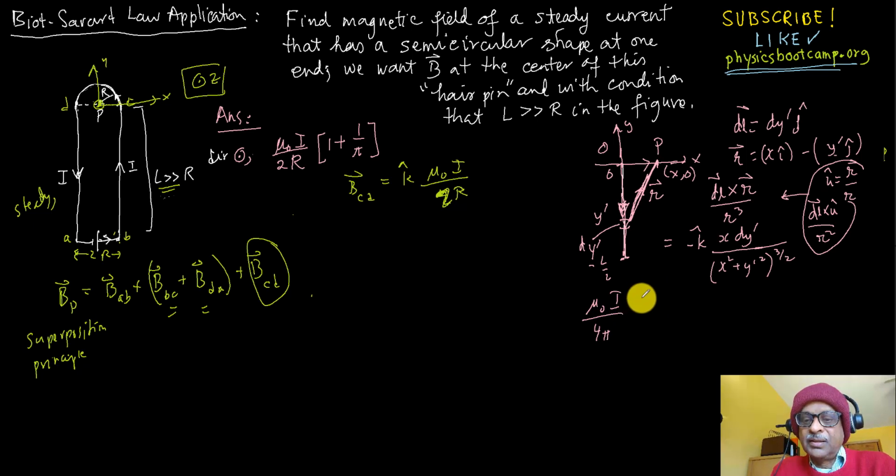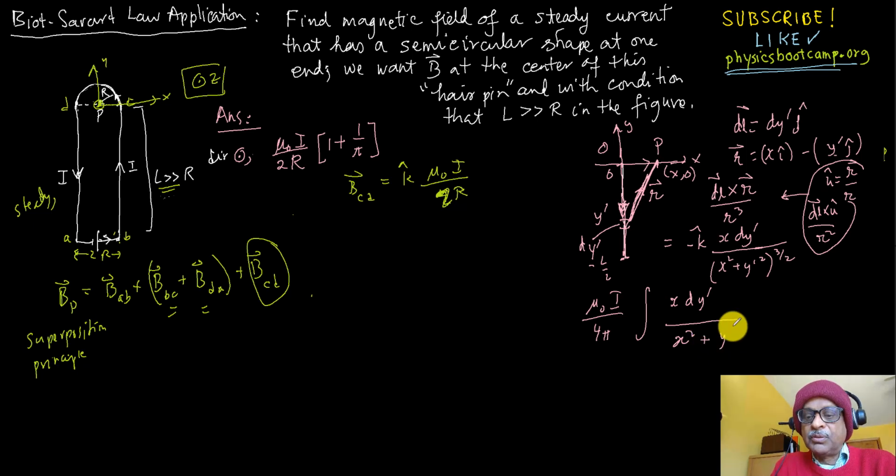and so I am going to integrate x dy prime over x squared plus y prime squared to the 3/2, from 0 to minus L over 2, and there's a minus sign, right?